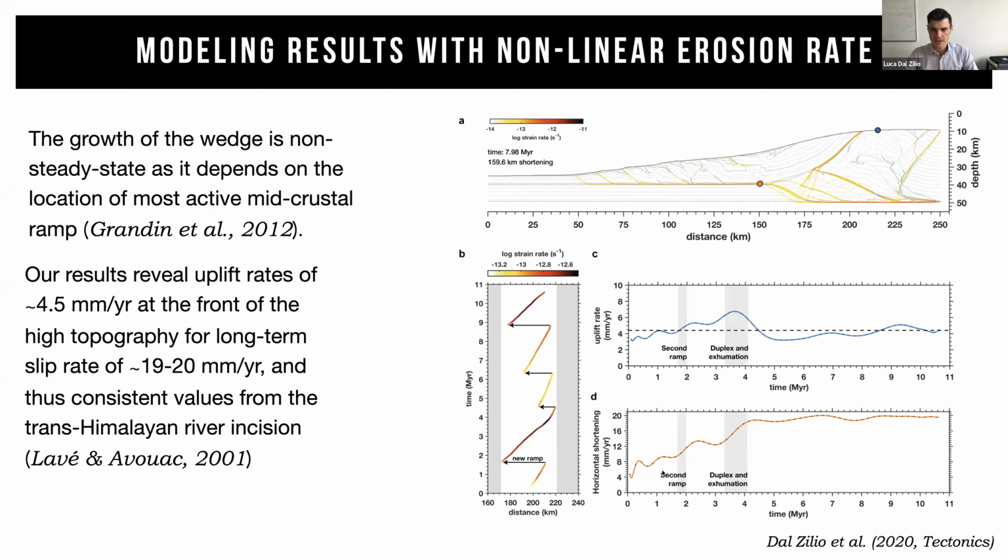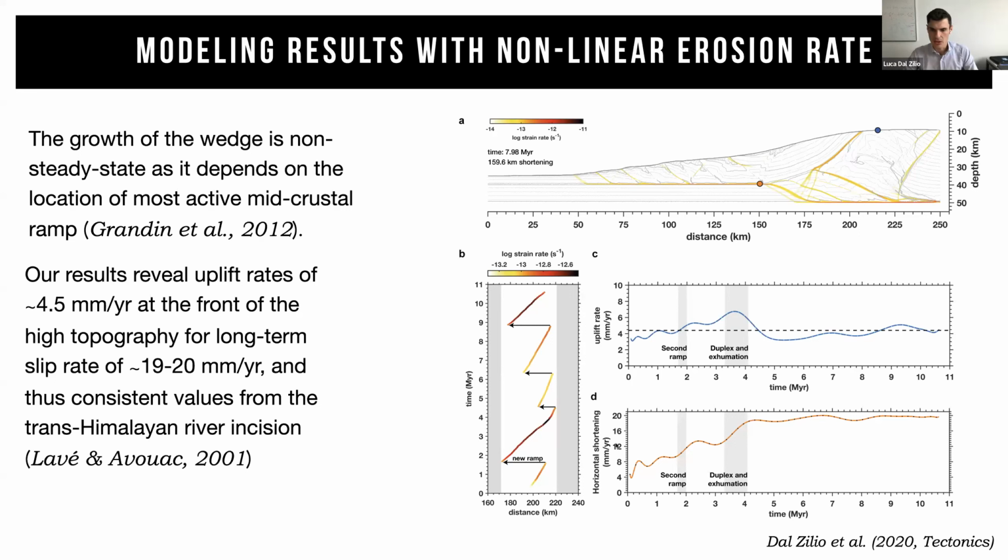At the same time, we can see that the uplift rate tends to have an adjustment phase during the initial phase of the model, when the model is adjusting to a new structure. With the generation of this new ramp and the duplex, at some point we reach an uplift rate which seems to stay constant over time.